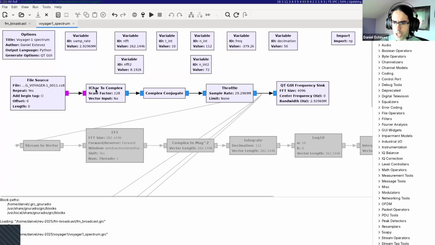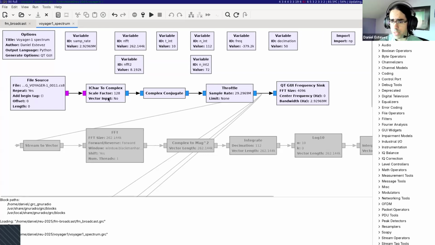So we use this ichar to complex. Ichar means interleaved char, and interleaved means that since this is meant to be complex data, but it is integers, we have I, Q, I, Q, I, Q, etc. So basically the first integer is the I value of the first sample, then the next integer is the Q value of the first sample, then the I of the next sample, Q of the next sample. You can imagine how it goes.